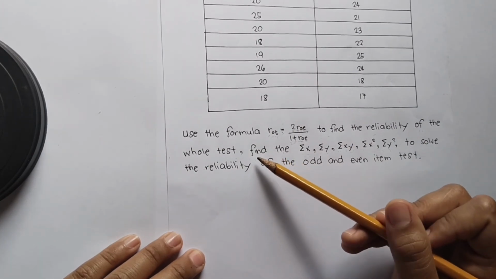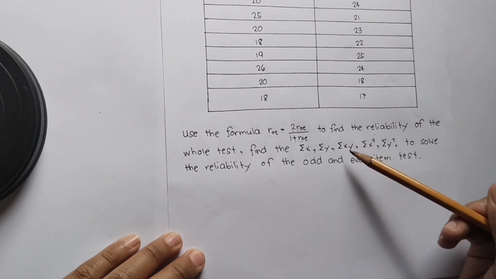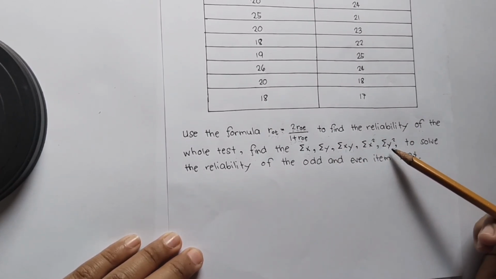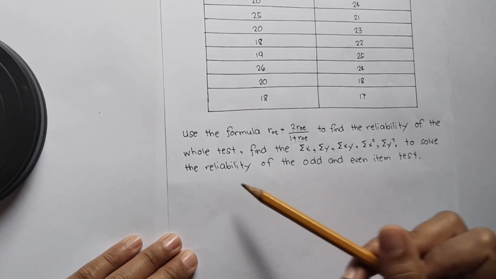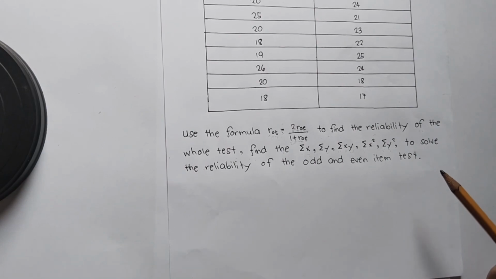First, we will find the summation of x, summation of y, summation of xy, summation of x squared, and summation of y squared to solve the reliability of the odd and even item test.